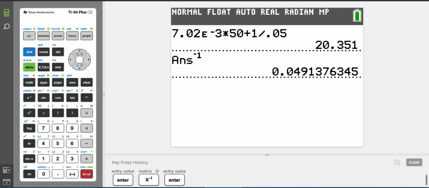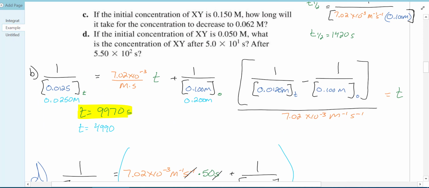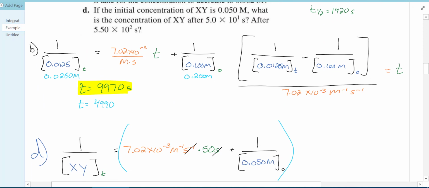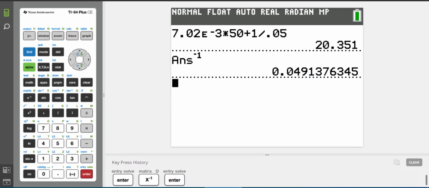0.0491, it looks like. How many sig figs do I have? I have 2, so 0.049 molar, because that comes up top. All right, and after 550 seconds, you would have to go back to the calculator.